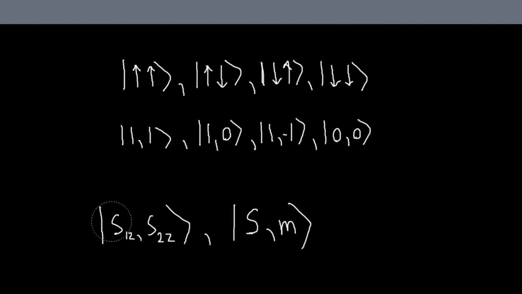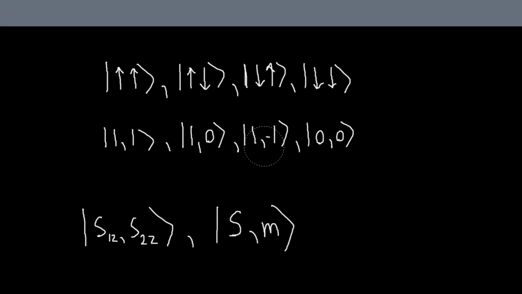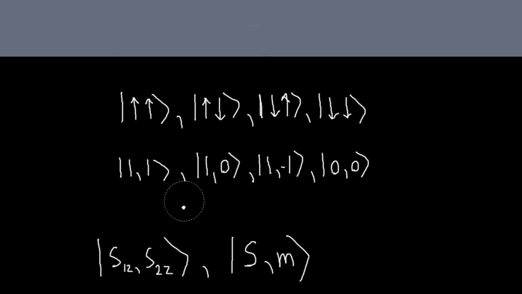These vectors are the S1z, S2z states, and these are the S, M states. So this is the first particle's z component of angular momentum and the second particle's z component, and for these ones it's the total angular momentum and the total z component of the angular momentum. The advantage of doing this is that we already saw these are the eigenvectors for our problem before, and that will allow us to solve that problem more easily.